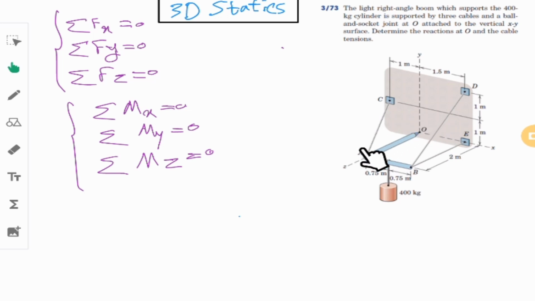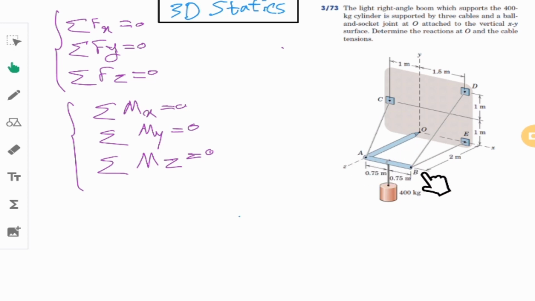Here I have an example which is connected to the wall using 3 cables, and there is a load in the middle of this part which is trying to pull down this joint, which is hinged at point O. Actually, we have a ball and socket at this point, and some cables connected to different points of this rod.